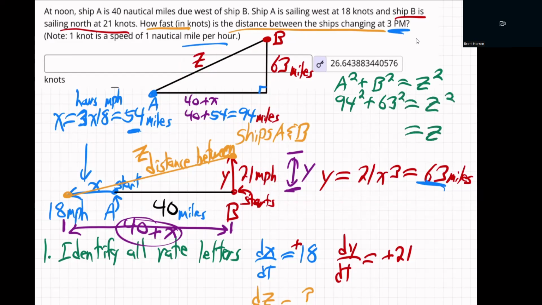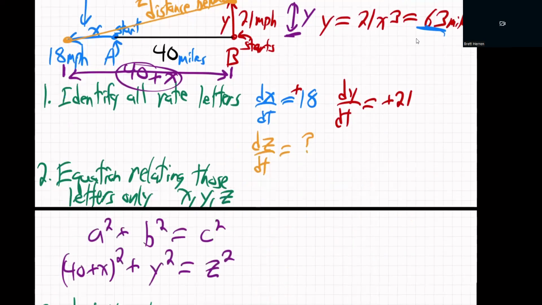So what does Z equal? Well, you know how to do this. You just take the square root. So there it is: the square root of 94 squared plus 63 squared.